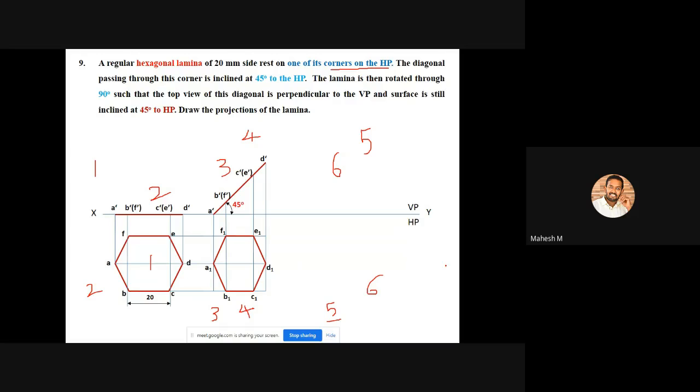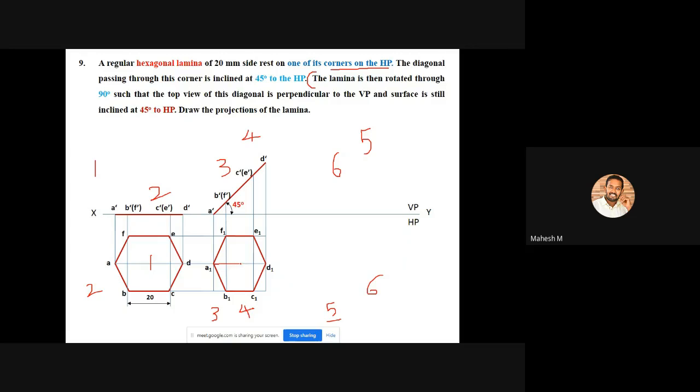Okay, so now you have to look at the second condition. That means this condition: the lamina is then rotated through 90 degrees such that the top view of this diagonal is perpendicular to the VP. Okay, so this is our diagonal.